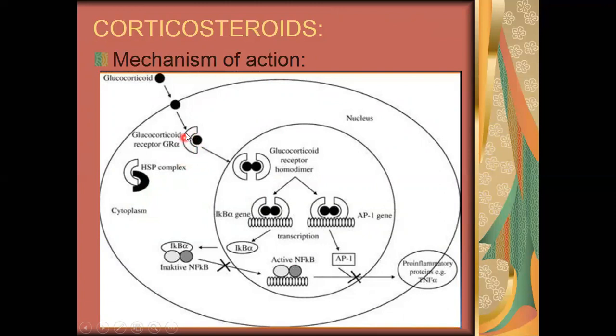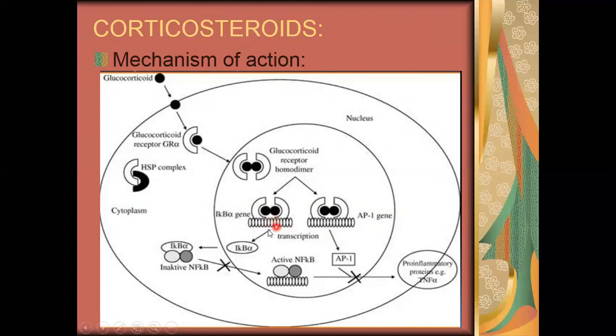These activated receptors undergo a dimerization process and form the corticosteroid receptor homodimer. This homodimer enters the nucleus and interacts with the corticosteroid responsive genes.